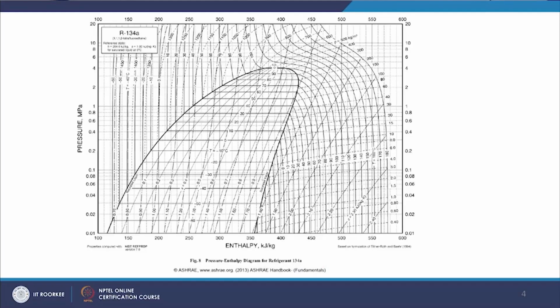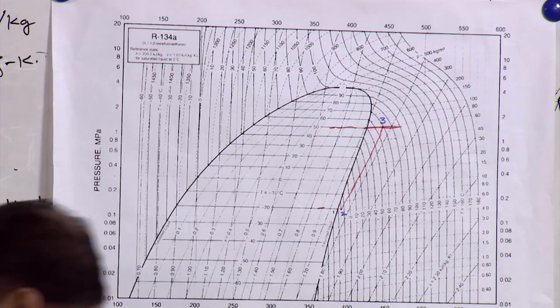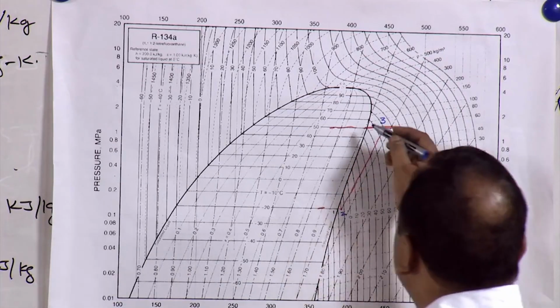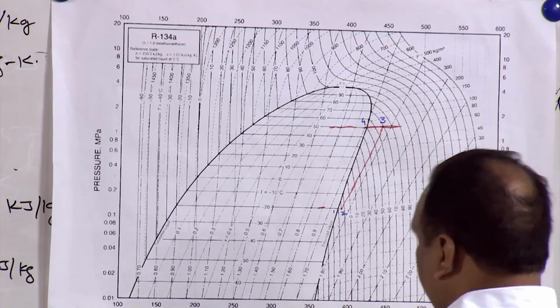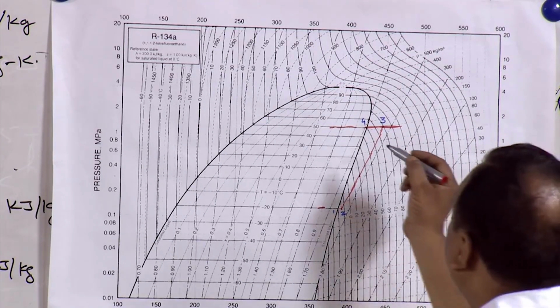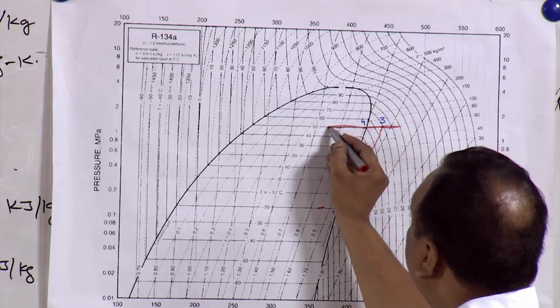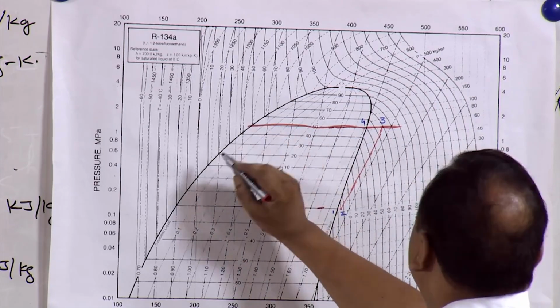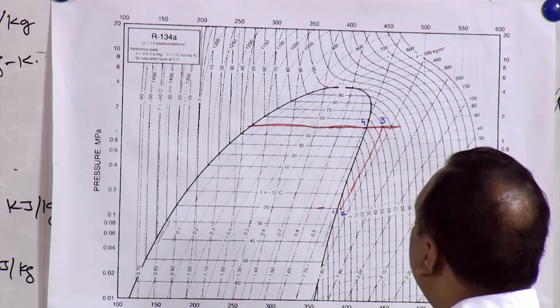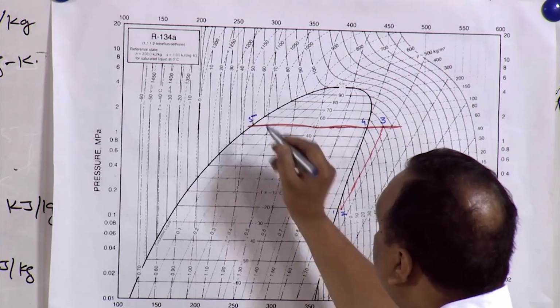Now, after state 3 desuperheating and state 4 is attained, and after state 4 further condensation of refrigerant in the condenser, state 5, this is state 5.